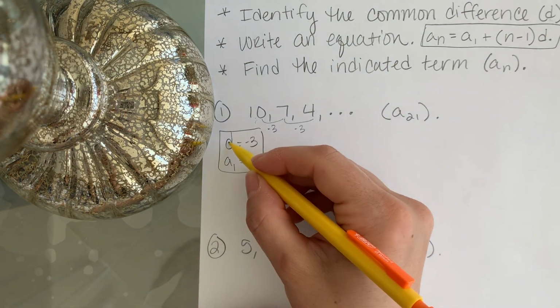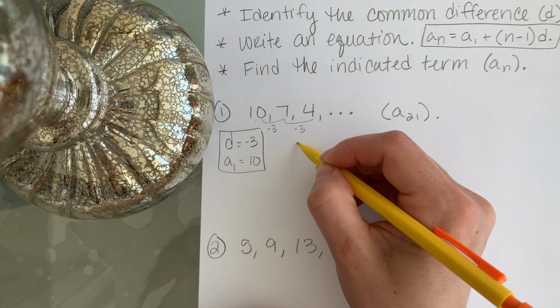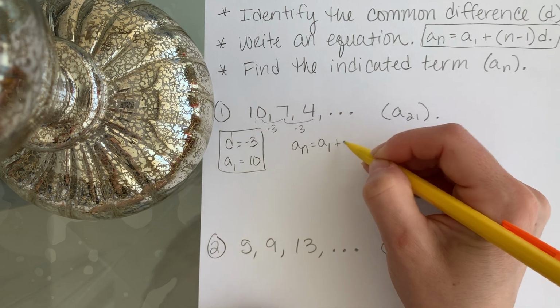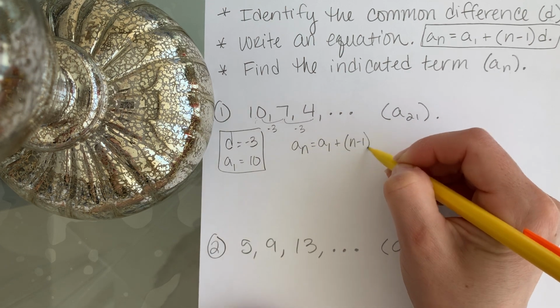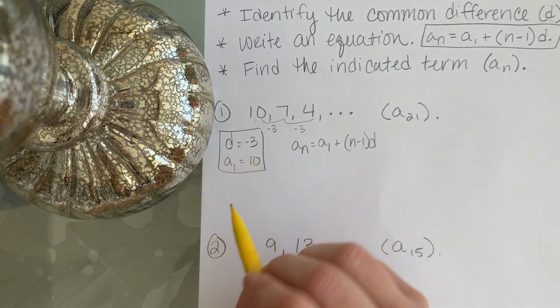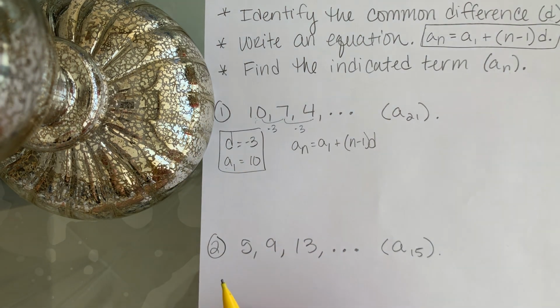So now that we have the two things that we need to find the equation, we're going to write our equation formula down. a sub n equals a sub 1 plus n minus 1 times d. Now we're just going to plug in the d value and the a sub 1 value into the formula.